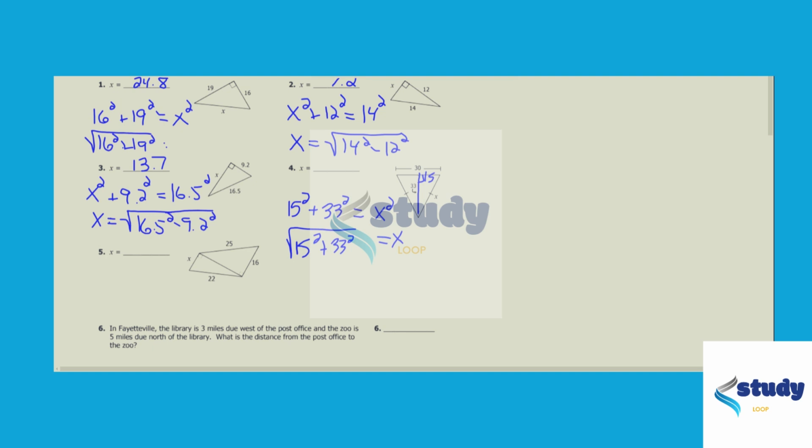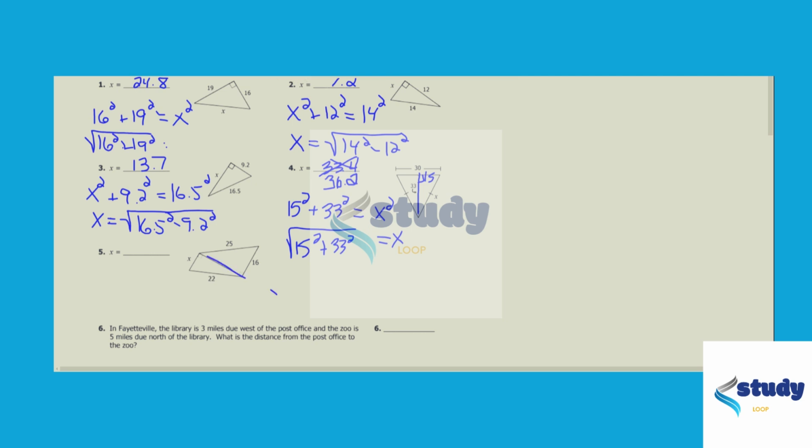I thought that was a 5, so it would be 36.2, not 33.4, 36.2.